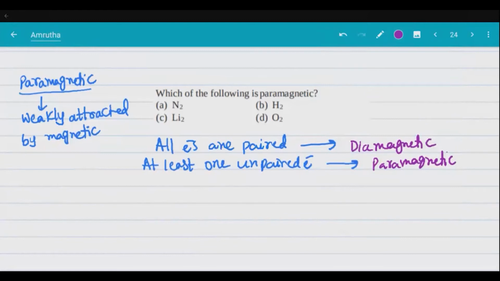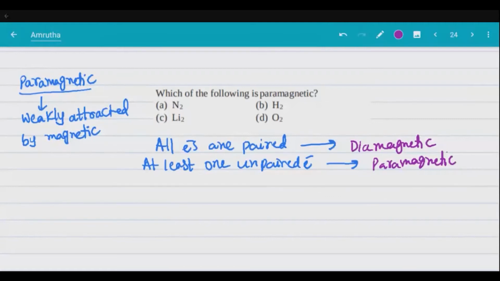Just see whether which one is dia and para. Do it.